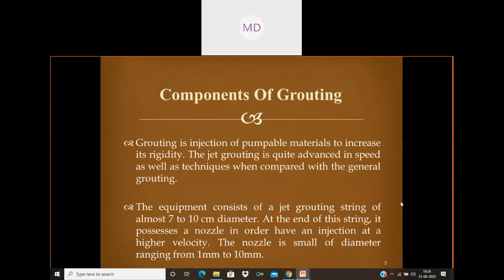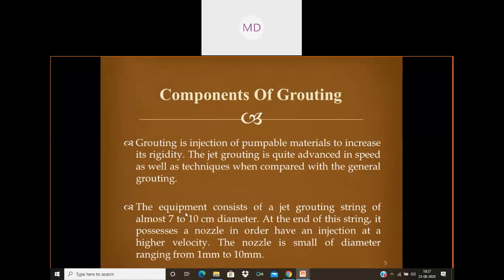Next, components of grouting. Grouting is the injection of pumpable material to increase rigidity. Jet grouting is quite advanced in speed as well as technique when compared to general grouting. Jet grouting is the most used method of grouting nowadays. It is a new technology used in most grouting works.